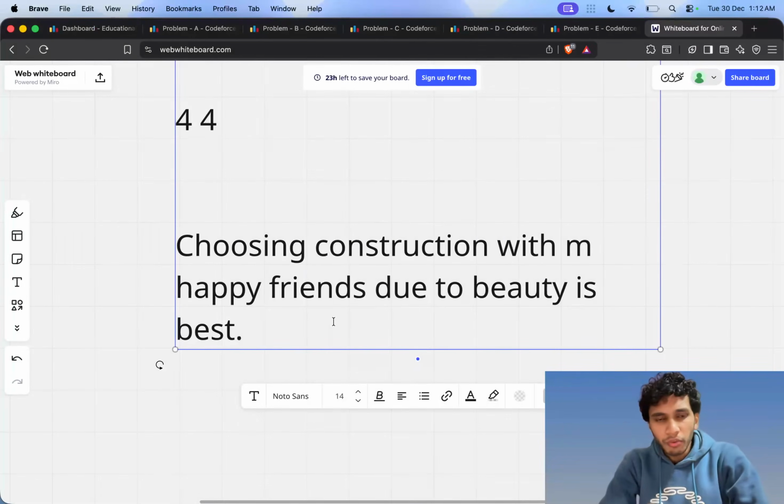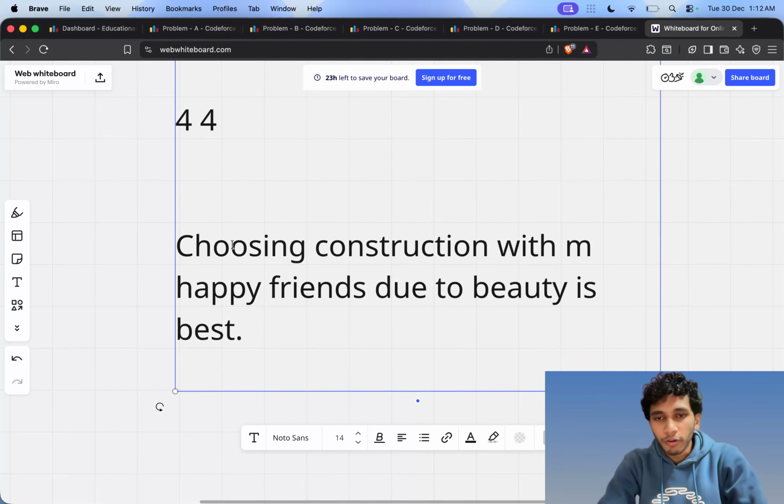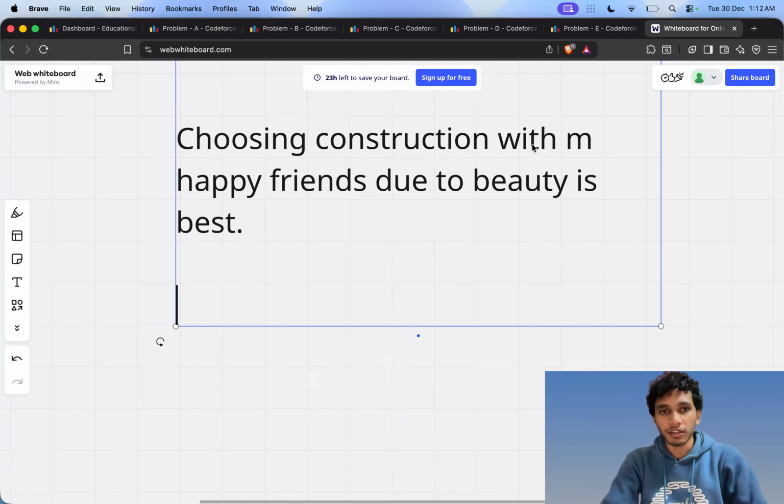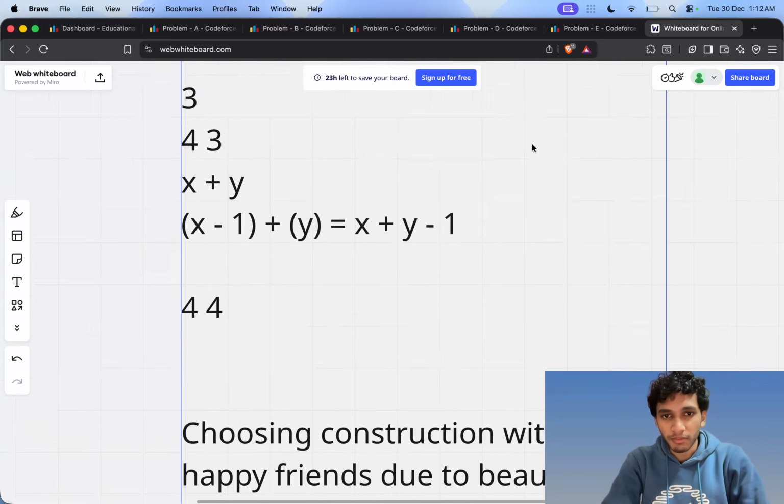So let's try to have a construction of choosing those M happy friends. We are not sure that we can make all the M friends happy, but we want to maximize the value of M. That is what our initial assumption was.